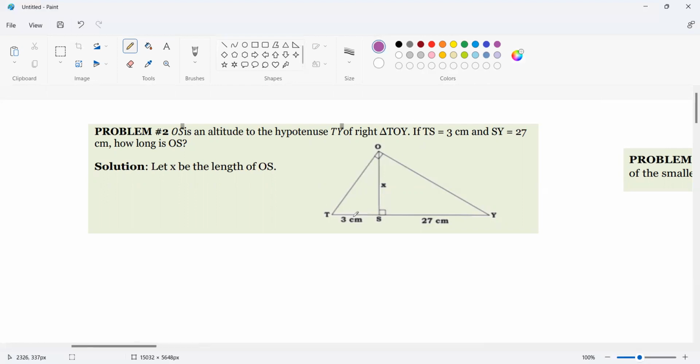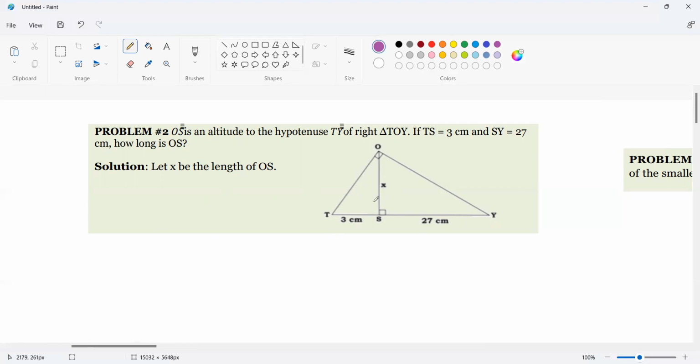So if TS is 3 cm and SY is 27 cm, how long is this altitude? Where is it the mean? Let OS be, let X be the length. We will try to make it first in a ratio.